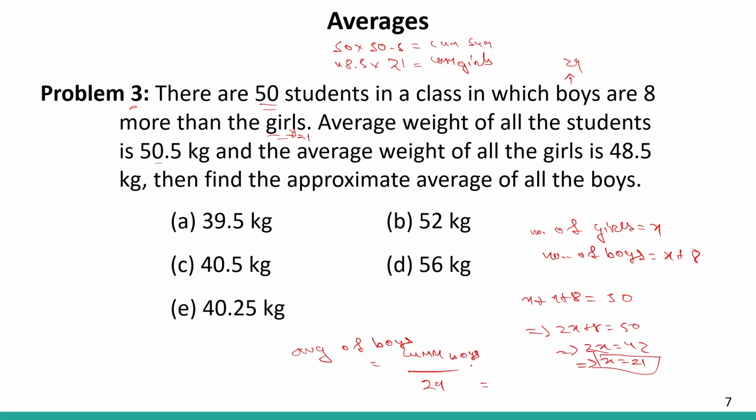So the cumulative sum of boys will be the cumulative sum of all students minus the cumulative sum of girls, divided by 29. So we can evaluate that it will be 50 into 50.5 minus 48.5 into 21, whole by 29. So this will represent the average weight of all the boys.